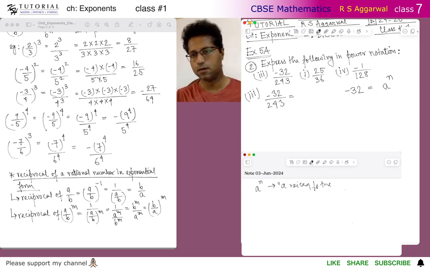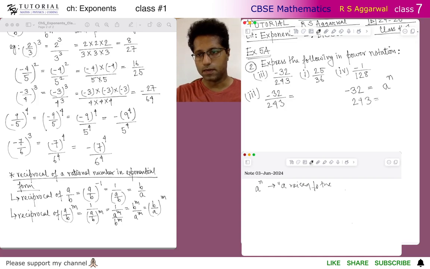Definitely a will be an integer. Also, we have to express 243 as another number raised to the same power n. So we have to do this. Only then can we express them as a by b whole raised to the power n.